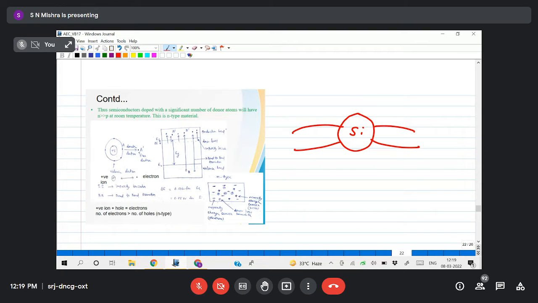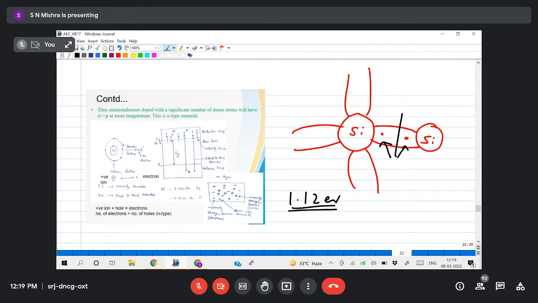No, bond means you see here. This is silicon. So 2 electrons are present to form the bond. When it breaks, 1.12 electron volt is required to take an electron from the valence band to the conduction band.